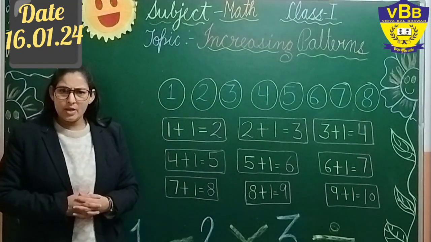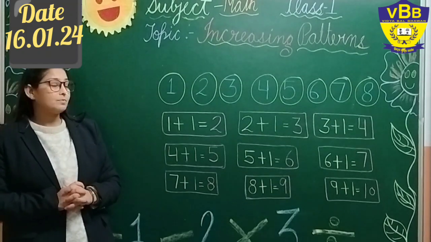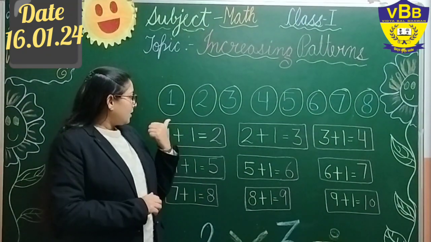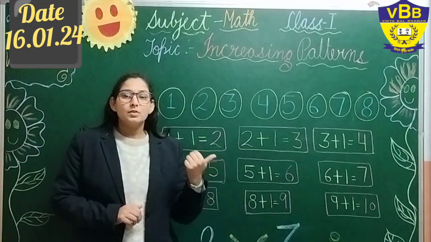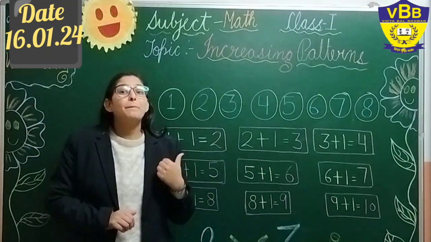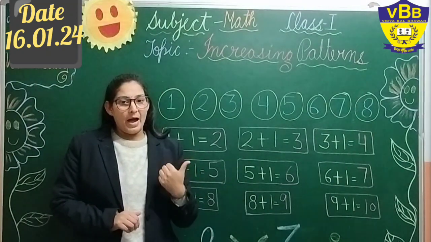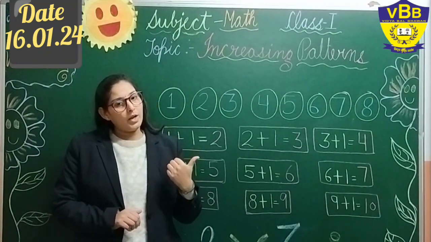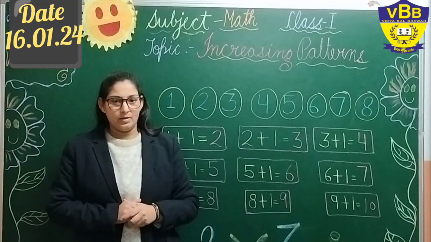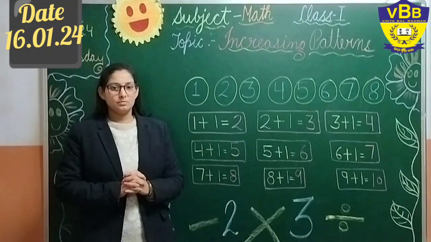And what is the increasing order? The increasing order is that step by step the number goes bigger. That is called an increasing pattern or increasing numbers.